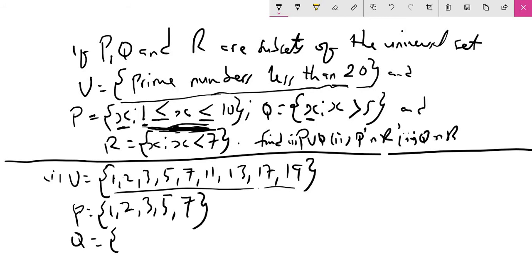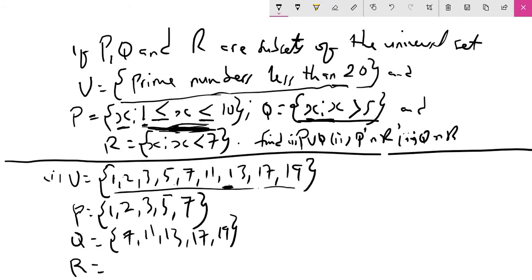So we look at the universal set and we take only elements that meet this condition. So we are going to write out all members of the universal set greater than 5. So we have 7, 11, 13, 17, and 19.